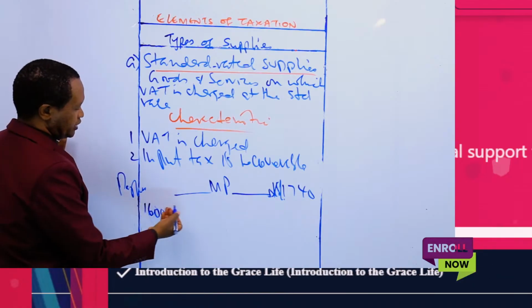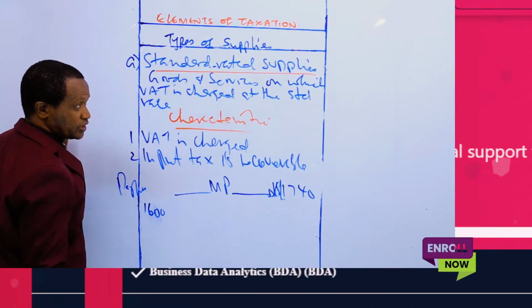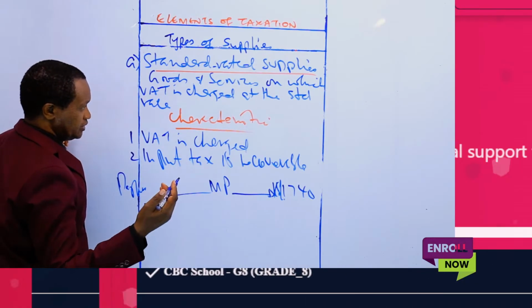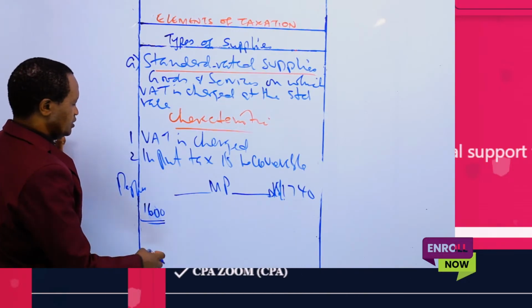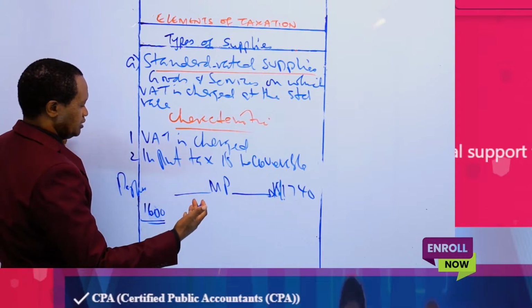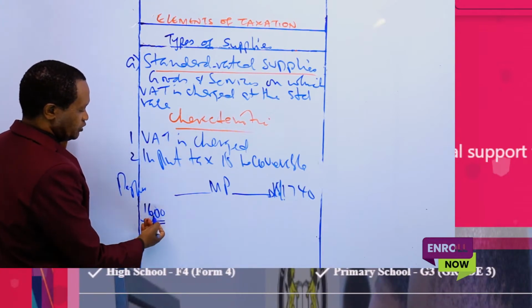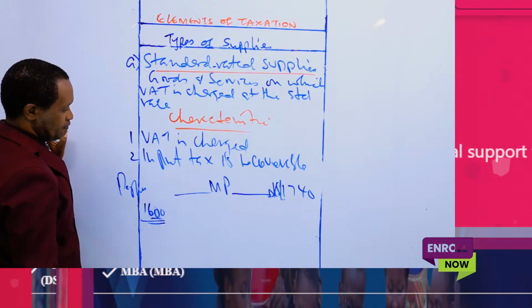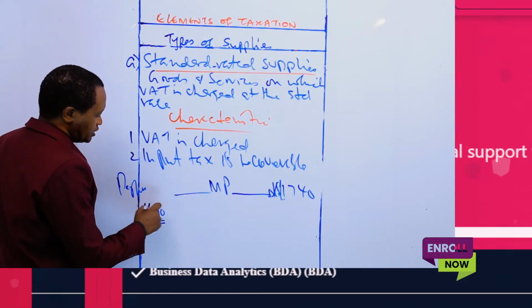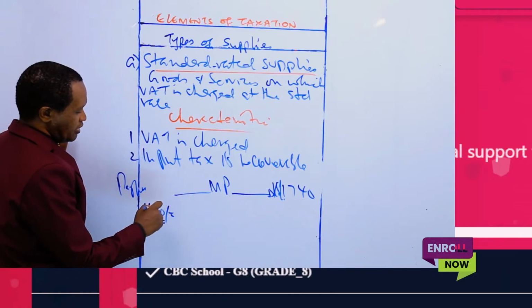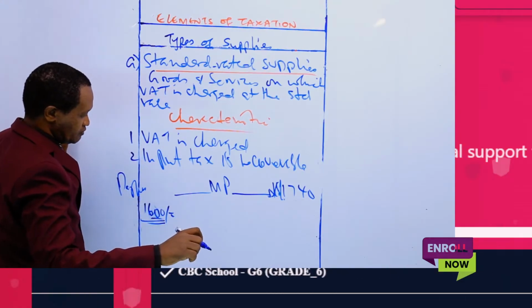Because 16% of 1,000, if the cost of a ream is 1,000 and the VAT is 16%, the VAT will be 160 shillings. So Manifested buys this paper at 1,160 VAT inclusive.